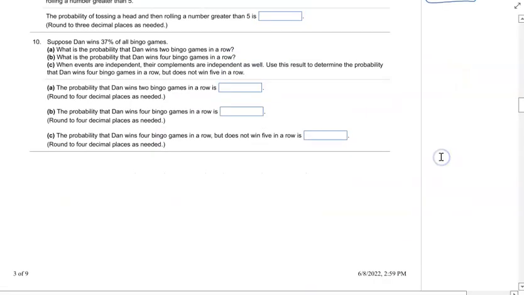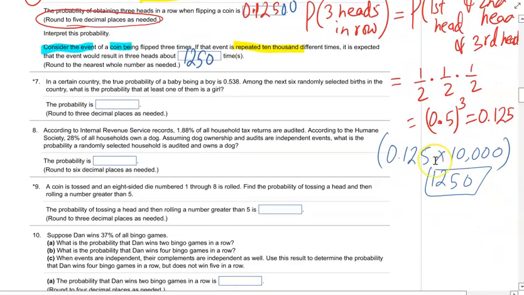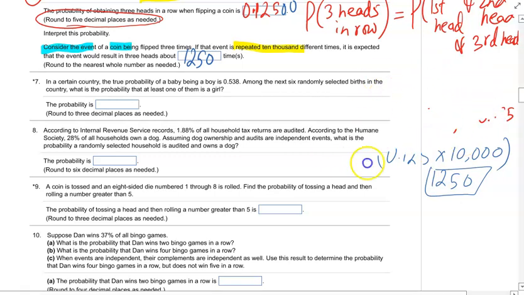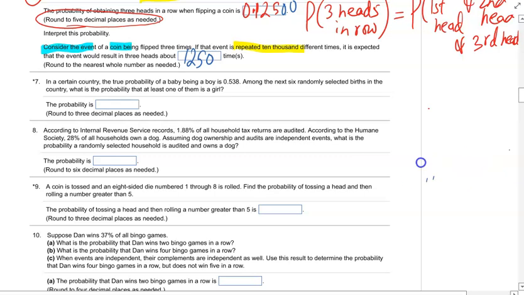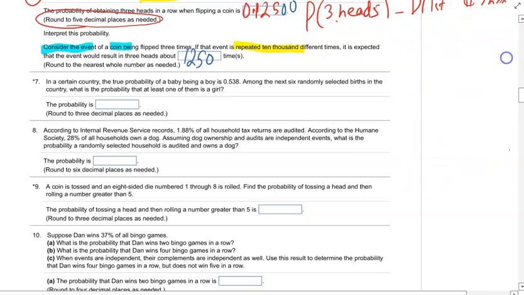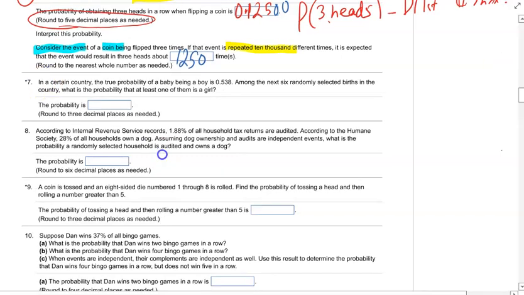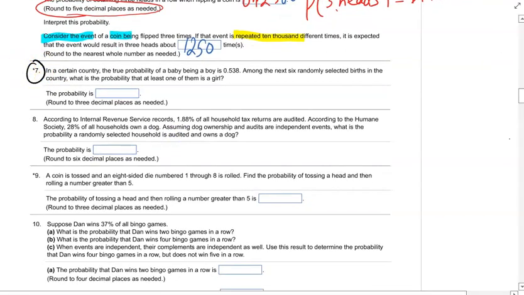Okay, let's go back to the previous question, number 7, because in number 7 we're using the probability of at least one of whatever item is there. Let me erase this and write it down. Question number 7 here. In a certain country, the true probability of a baby being a boy is 0.538.